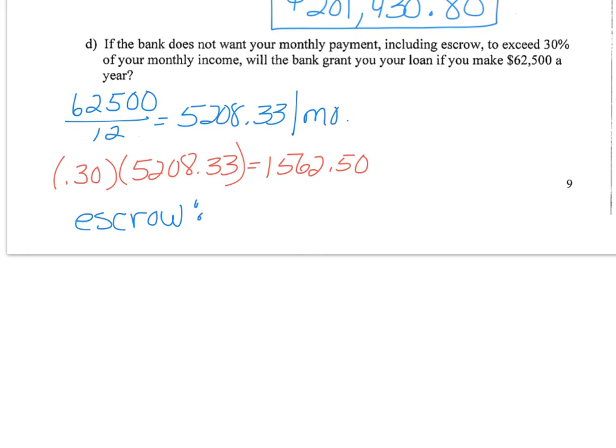Okay, so with the escrow, the full price of the house was $240,000. Remember, escrow is always on the full price of the house, not how much of a loan you want to take out. And we're going to do 1.2%. So 1.2% would be 0.012 as a decimal.